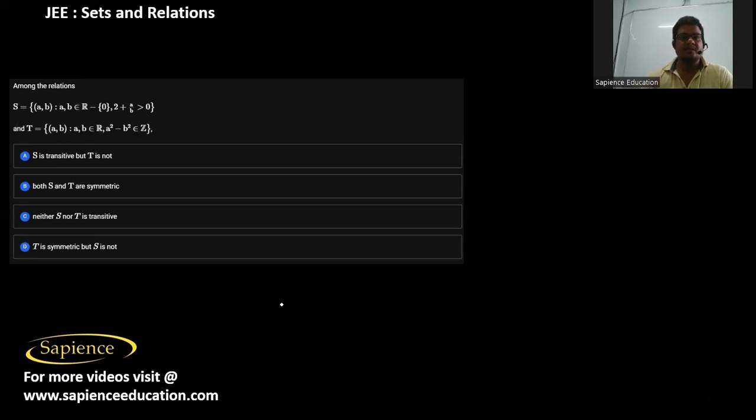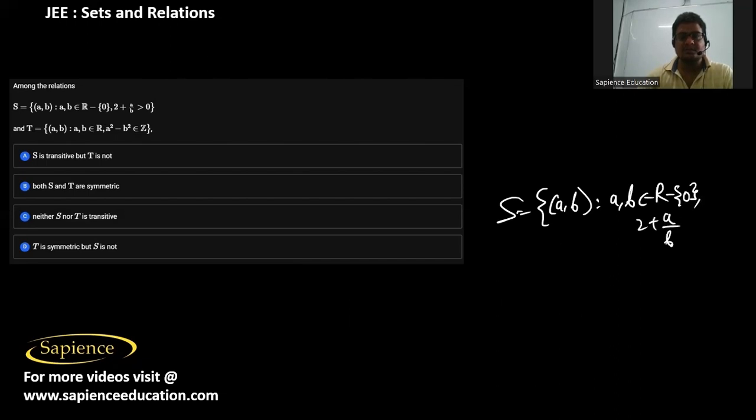Then here it is told, among the relations S equals (a, b), where (a, b) belongs to R minus 0, such that 2 plus a by b is greater than 0.